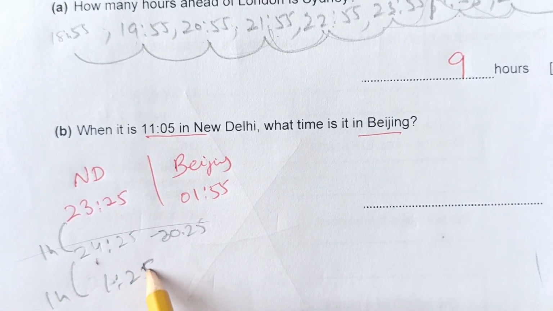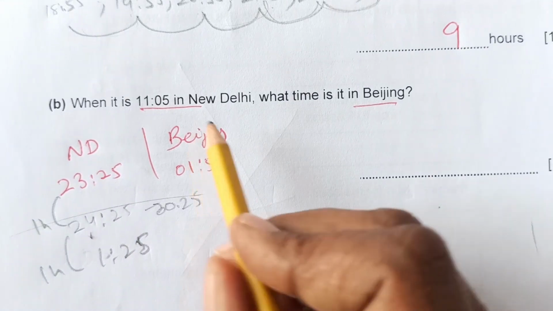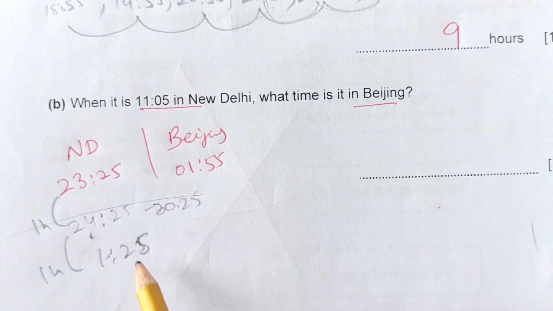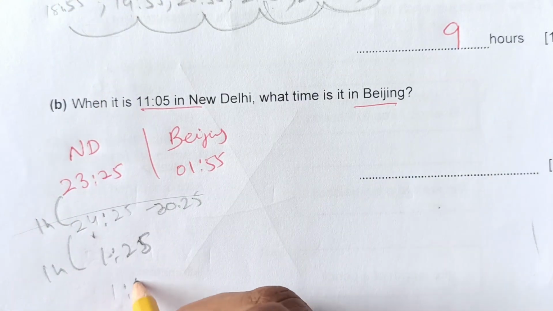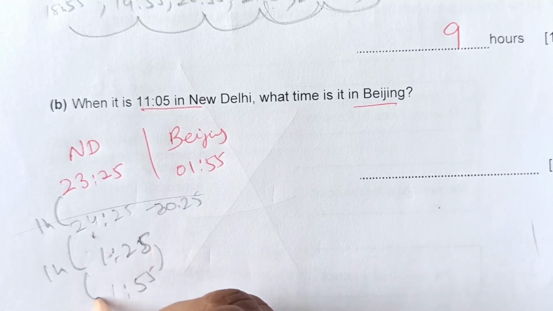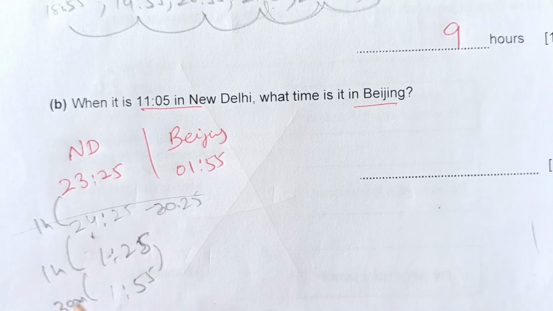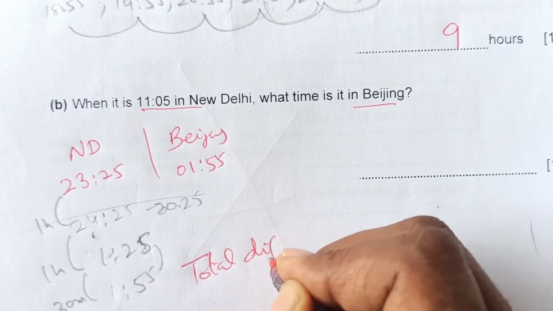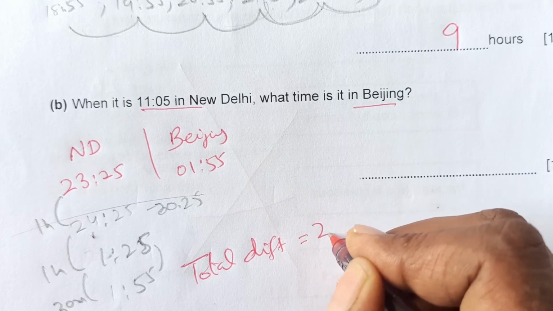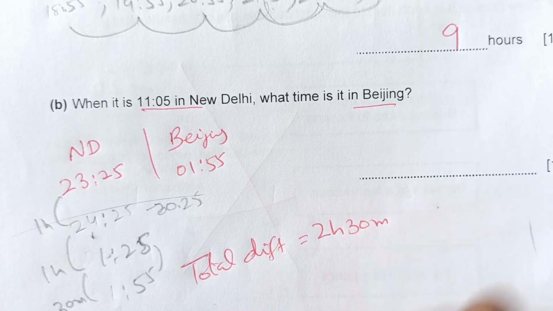So from 1:25, because the time is 1:55 there, up to 1:55 is 30 minutes, right? So the total difference is 2 hours and 30 minutes, right?